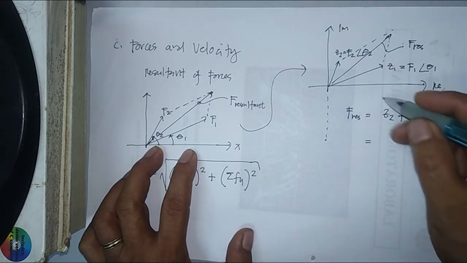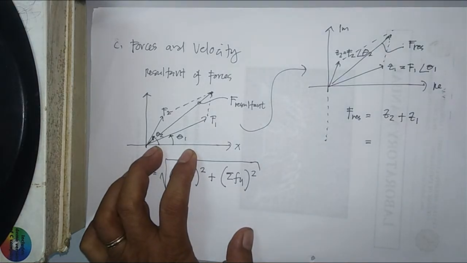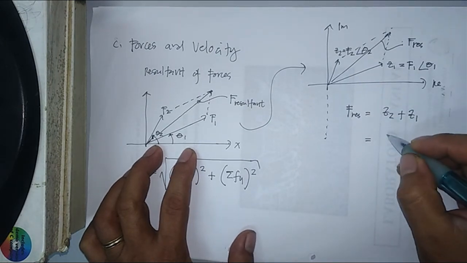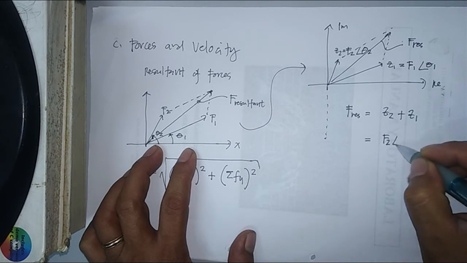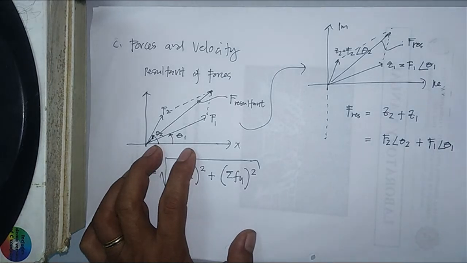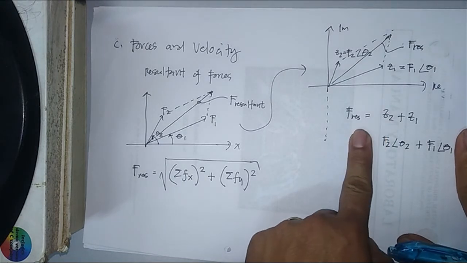I remove the absolute value sign in order for us to know the angle of the resultant force, or the direction of the resultant force. So in this case, this will become F of 2 angle of theta 2 plus F of 1 angle of theta 1. If you are looking for the magnitude only, you can put the absolute value here.